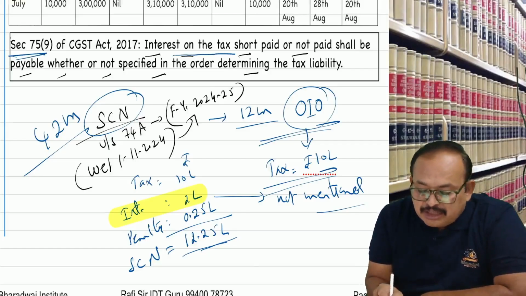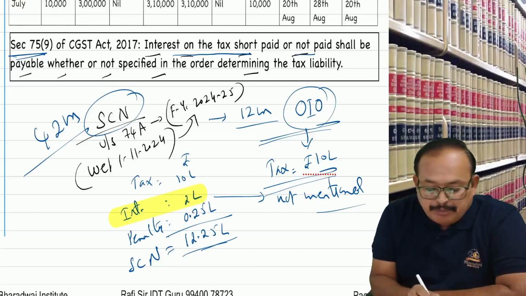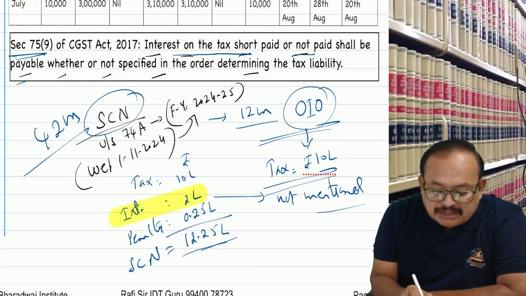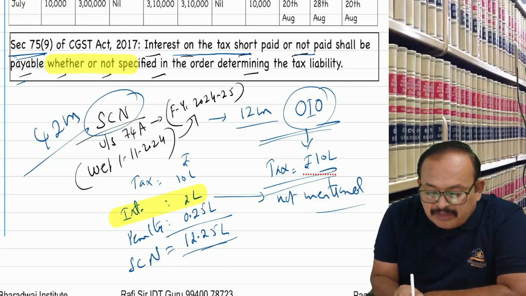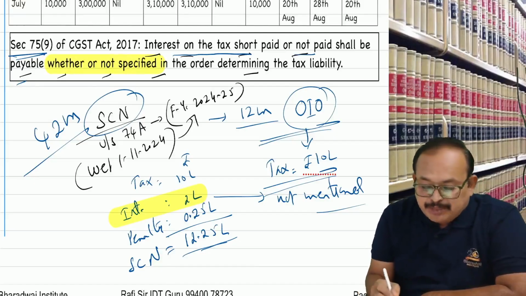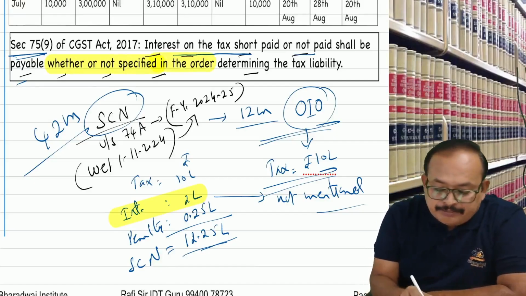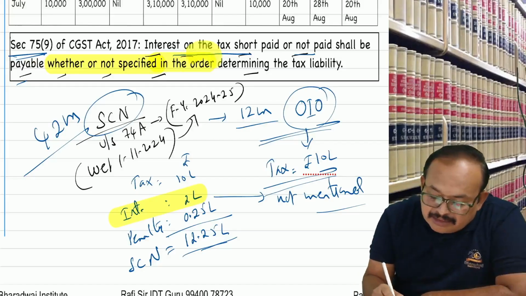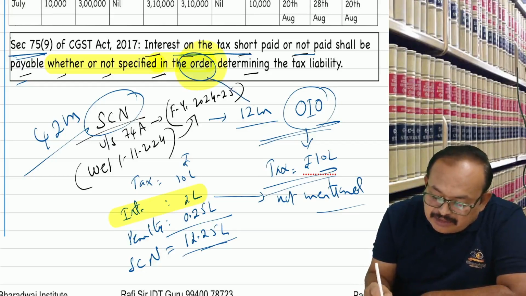Interest on the tax short paid or not paid shall be payable whether or not, the words are what? Whether or not specified in the order. Which order? Order in original.